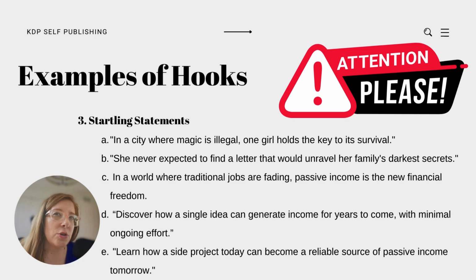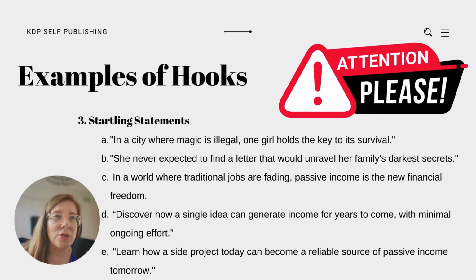In a world where traditional jobs are fading, passive income is the new financial freedom. Discover how a single idea can generate income for years to come with minimal ongoing effort. Learn how a side project today can become a reliable source of passive income tomorrow.